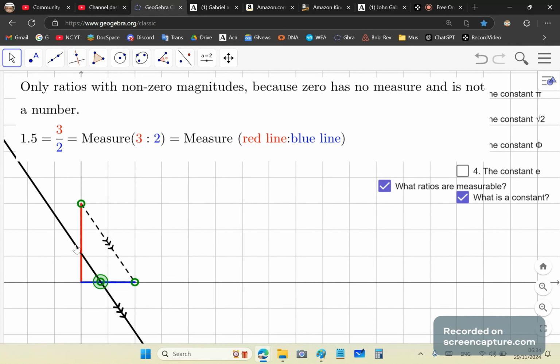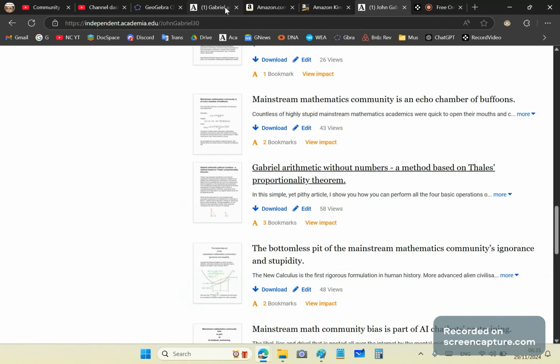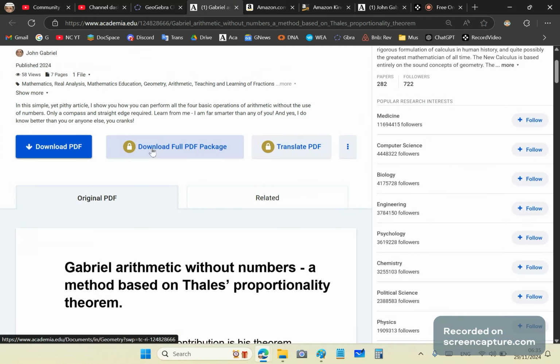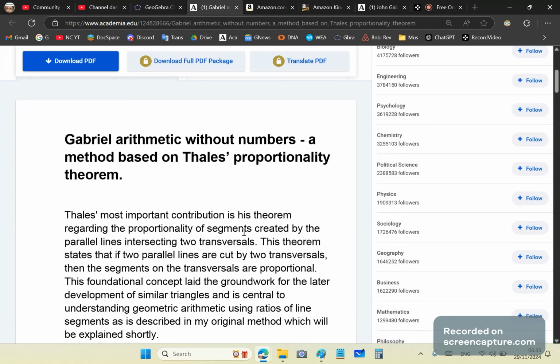Before number, all they had was geometric arithmetic. So you'll find in this fantastic article, by the way, that Euclid should have been spanked because he didn't write this down.